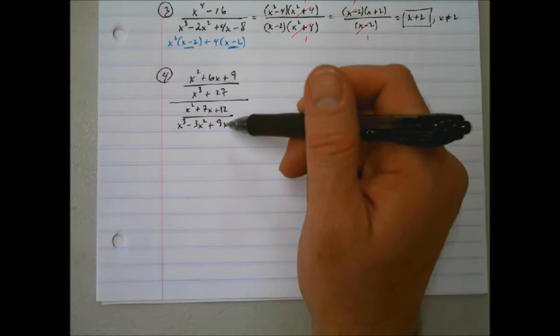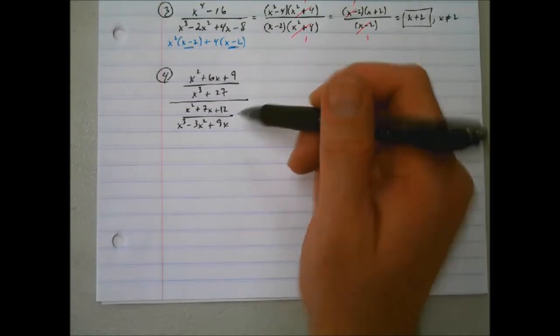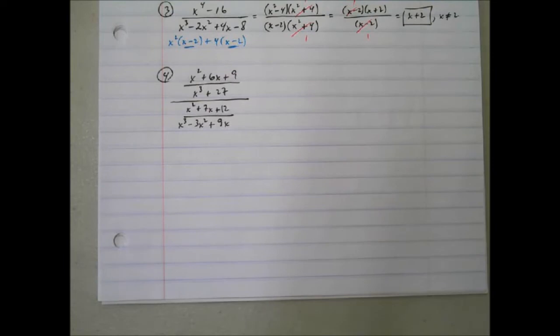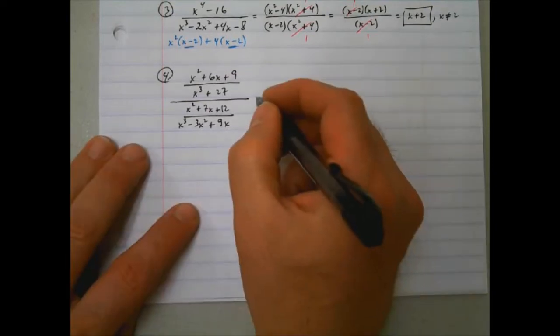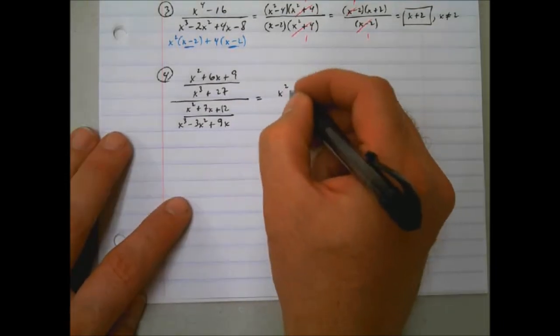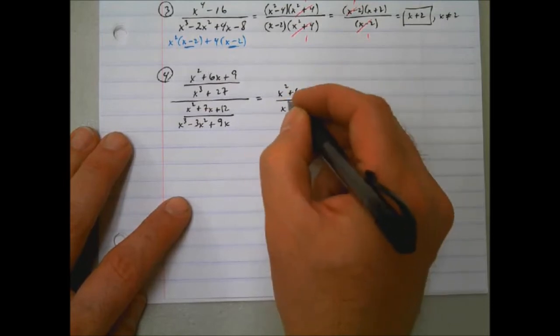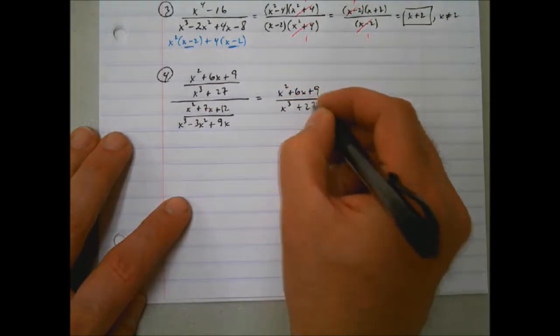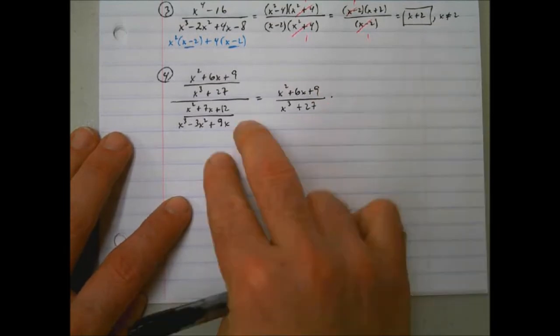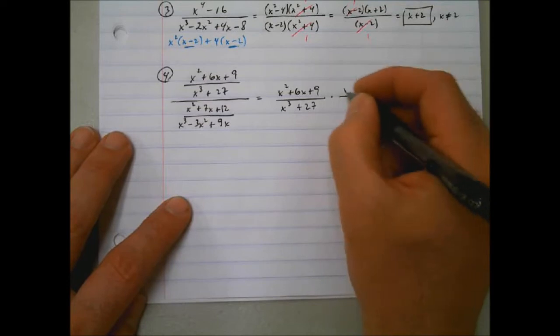Okay, now if you have a fraction divided by, that's really what this is. It's a fraction divided by another fraction. Well, what do we do when we're dividing by a fraction? Don't we flip and multiply? Yes. So this is really the top fraction, x squared plus 6x plus 9 over x cubed plus 27 times, and we're going to flip the bottom one and multiply.